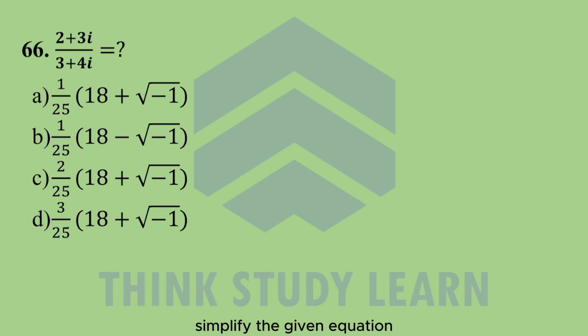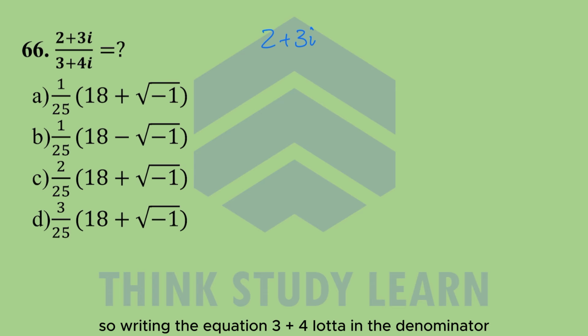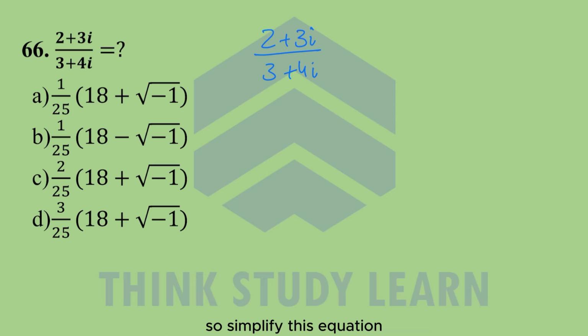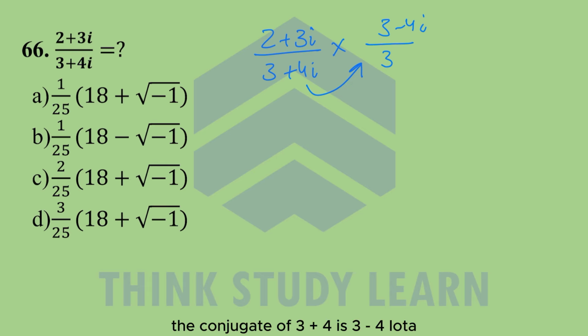Simplify the given equation 2 plus 3 iota over 3 plus 4 iota. So writing 3 plus 4 iota in the denominator. To simplify this equation, we will multiply and divide by the conjugate of the denominator, which is 3 minus 4 iota. The conjugate of 3 plus 4 iota is 3 minus 4 iota.